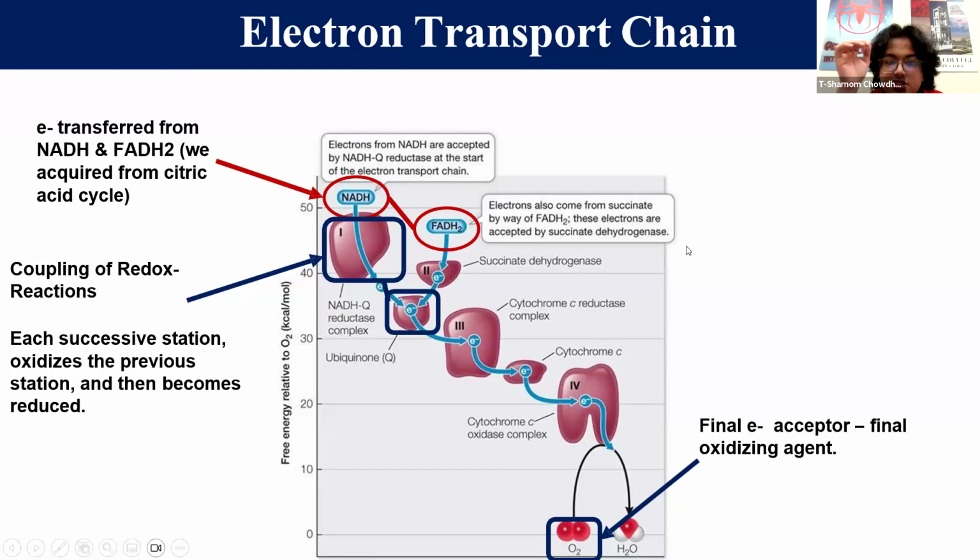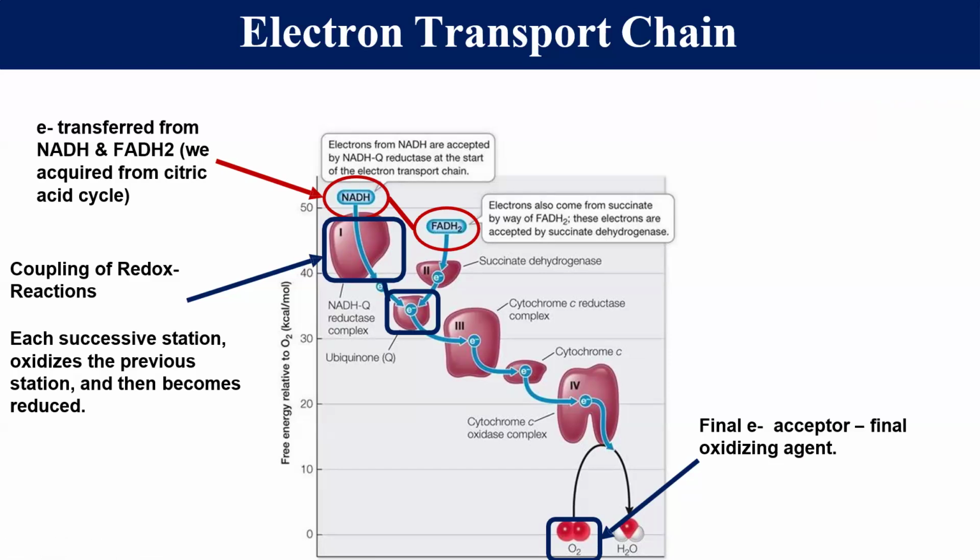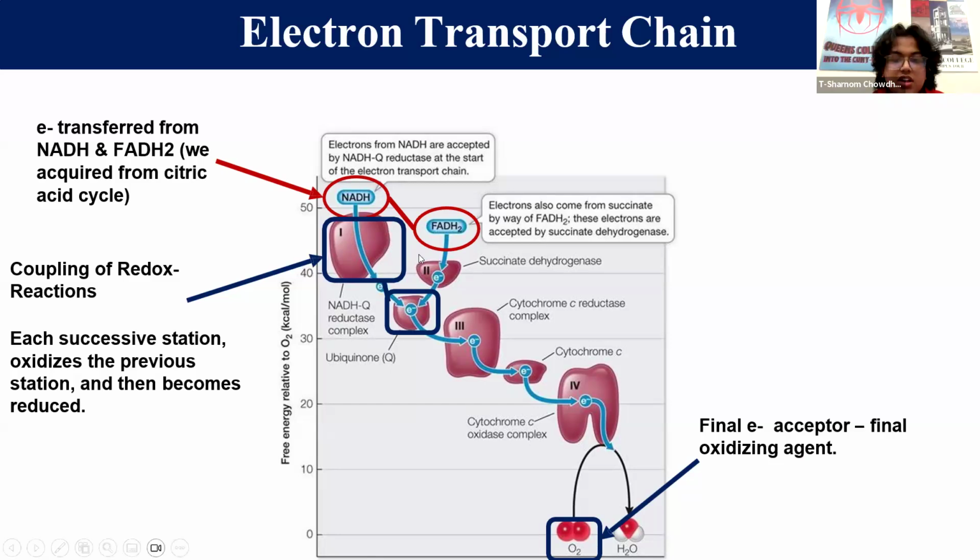As you see here, these electron carriers send an electron down to each station, and then eventually these electrons keep getting sent down to more complexes, cytochrome C reductase complex, cytochrome C oxidase complex, and eventually the final electron acceptor is oxygen.